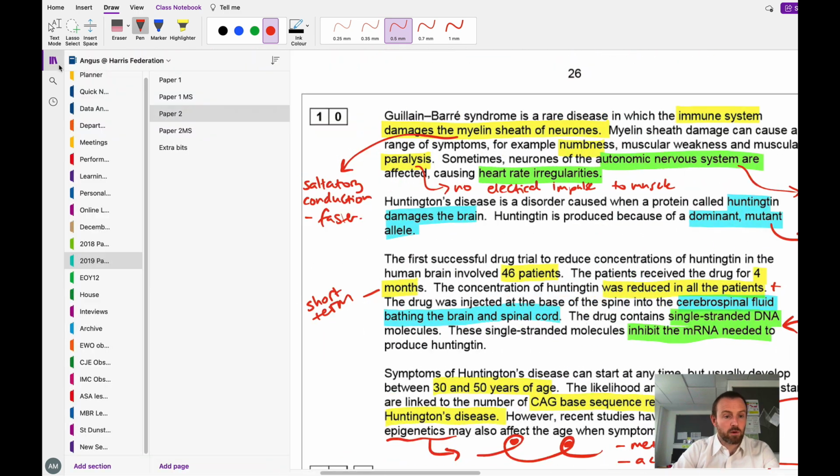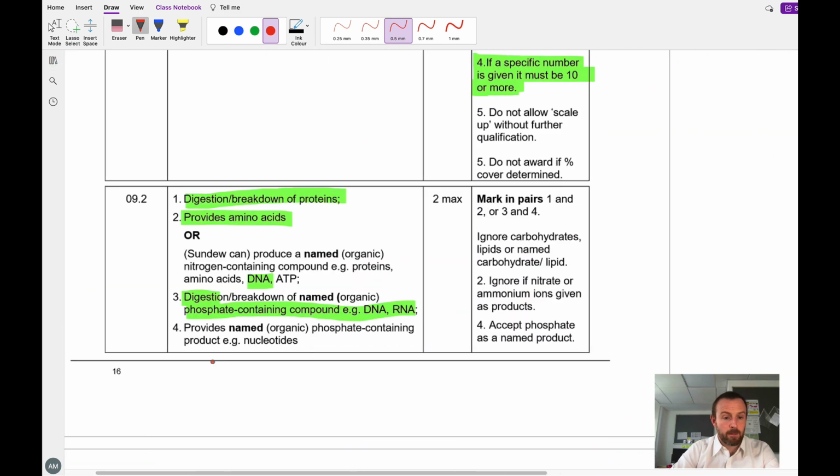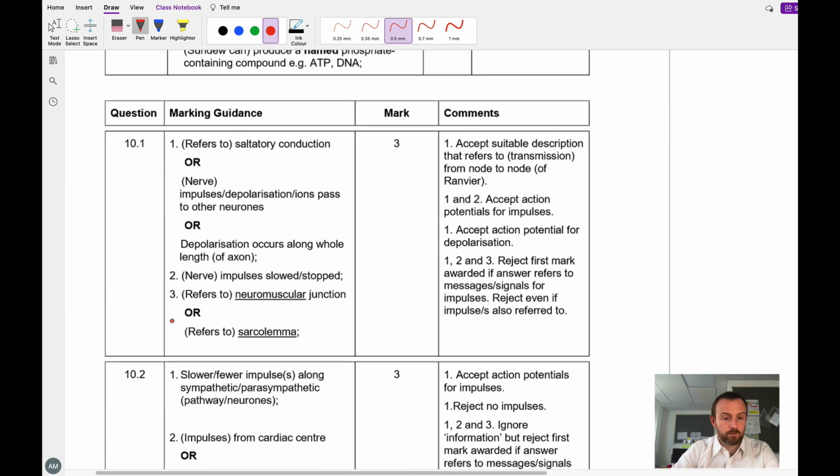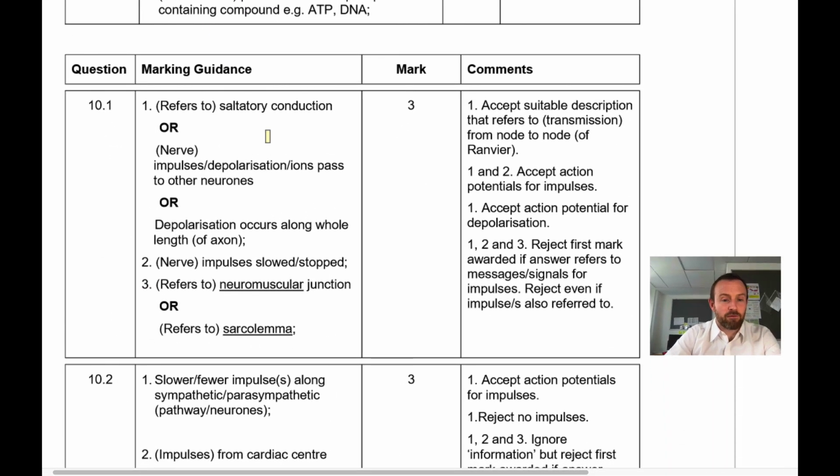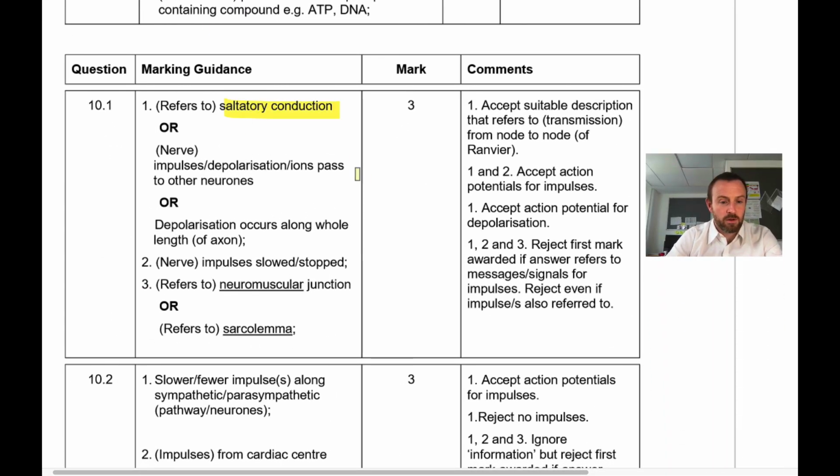Right, let's check what they wanted you to say. Any reference to saltatory conduction, any reference to the nerve impulse being slowed or stopped, and then for that third one, you do need to say neuromuscular junction. So the final passing of the impulse from the neuromuscular junction to the muscle may not occur, so the muscle is paralyzed.